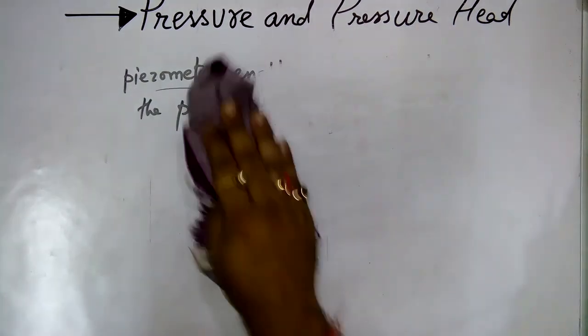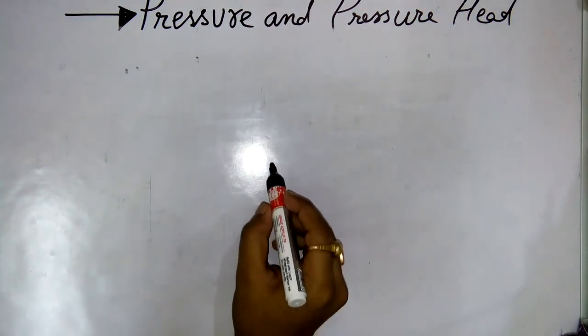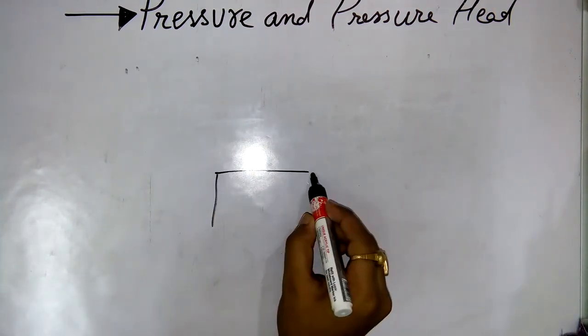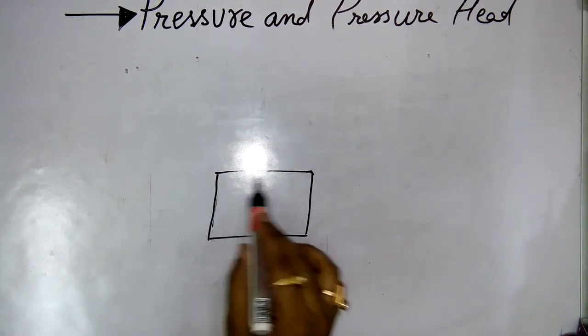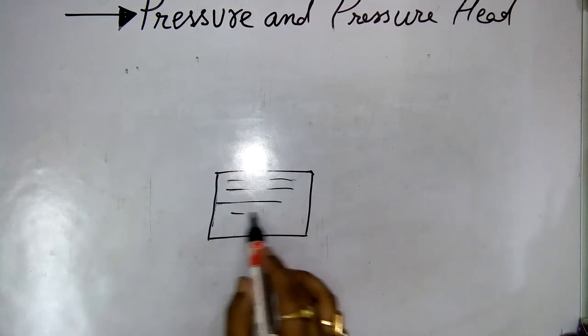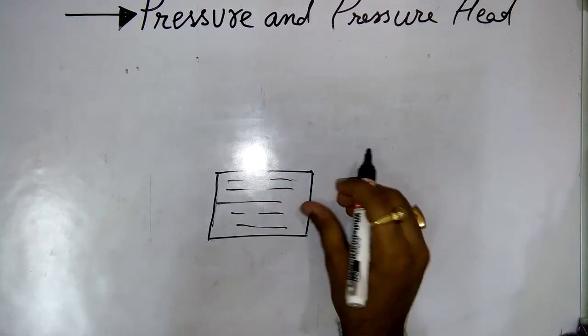See, I am explaining this sentence once more by drawing a simple diagram. Suppose there is a system, it contains some fluid. I want to know how much is the pressure in this system. Then I have a very simple way to find it out.